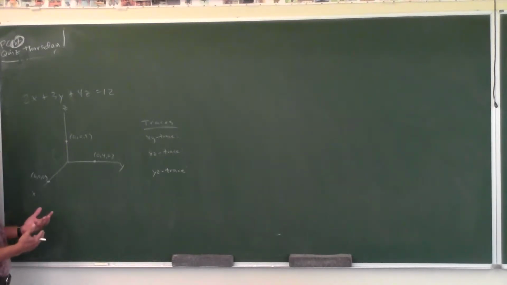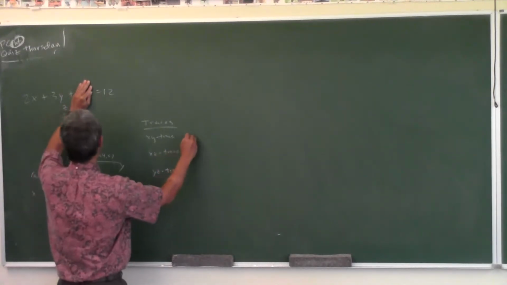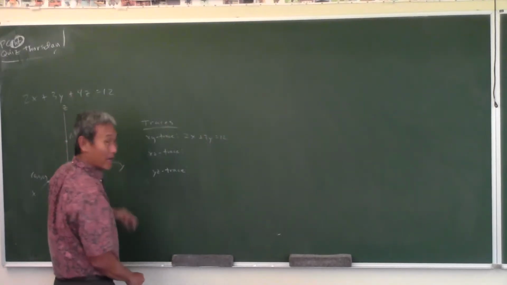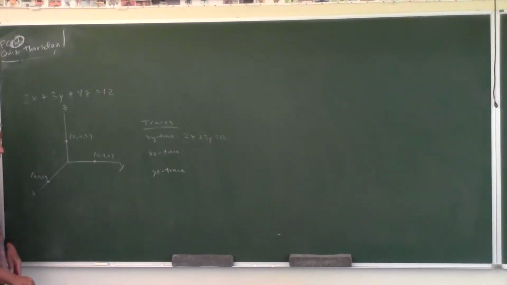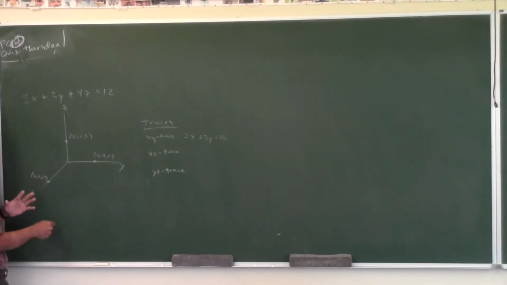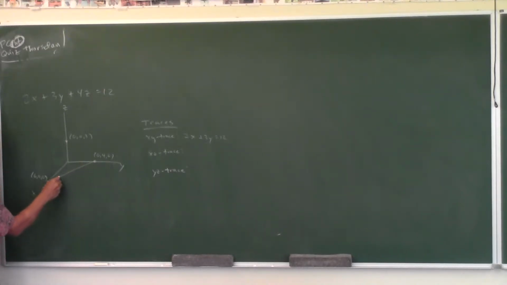So to compute the xy trace, you simply substitute 0 for z, like right there, and you get 2x plus 3y equals 12. Hey, that's a line. So whatever this graph is, well, we know it's a plane, it intersects the xy plane at that line, which is this. Of course it extends, but I'm just drawing it in the first octant only.